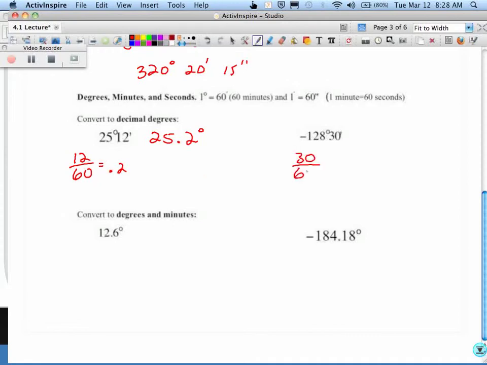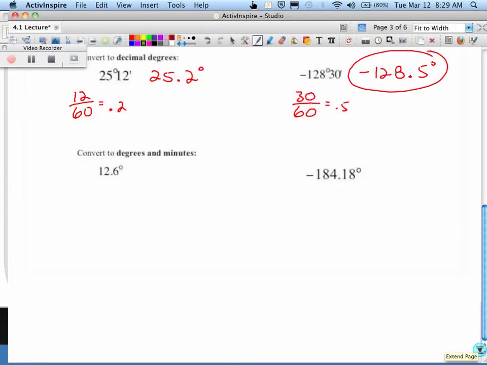Now we're gonna go the other direction. 12.6 degrees. So when you think about this, and we convert it, I know we have 12 degrees, but I'm gonna take this 0.6. And what do I multiply by?